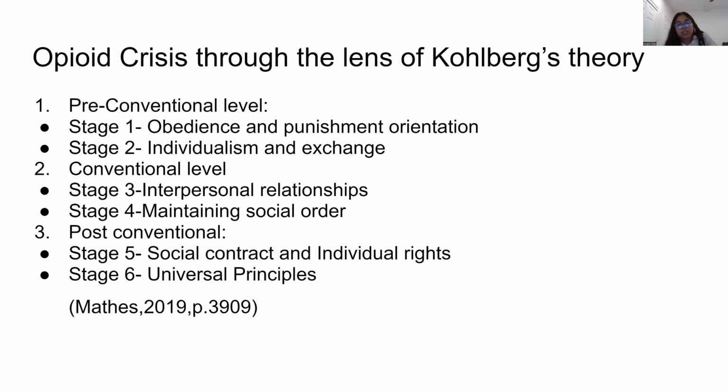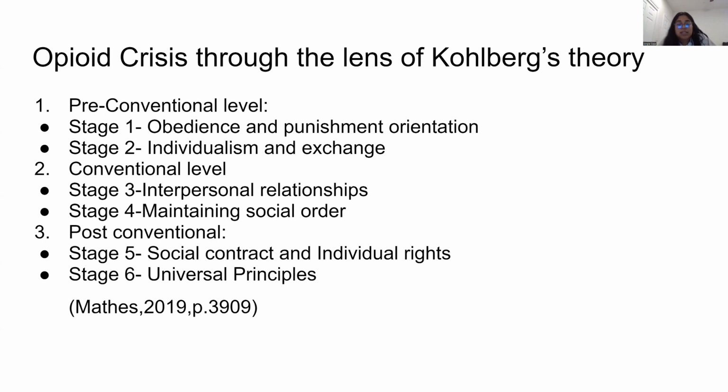And then we have stage 4, maintaining social order. Responses to the opioid crisis may focus on law enforcement and punishment instead of addressing the underlying issues of the opioid crisis.